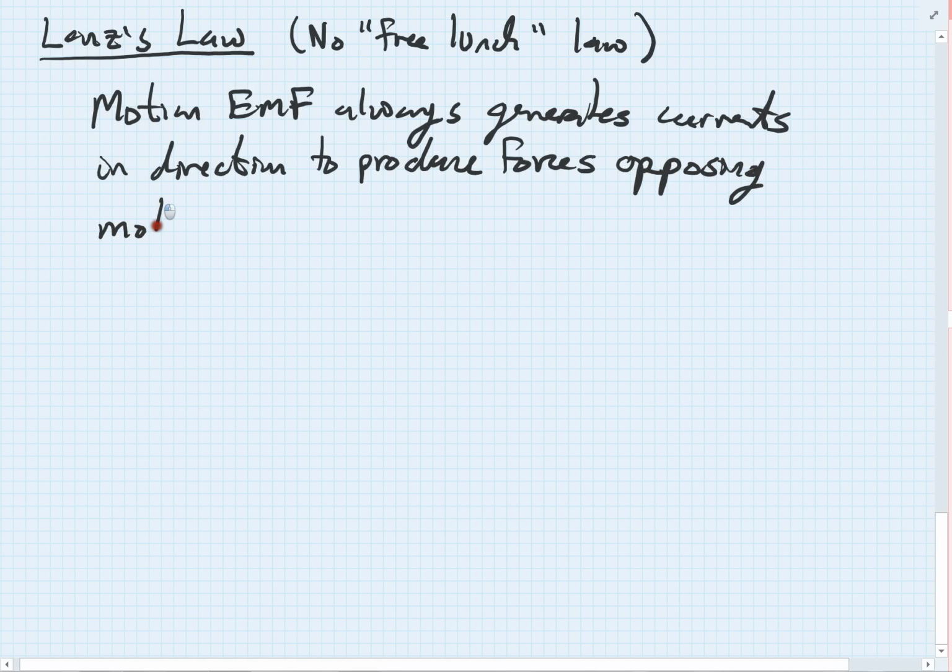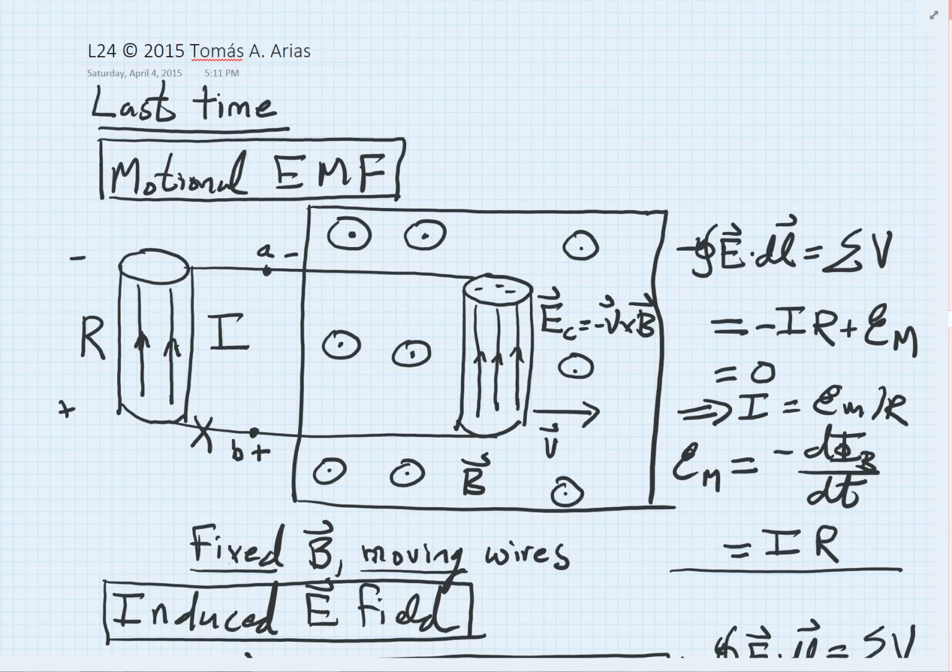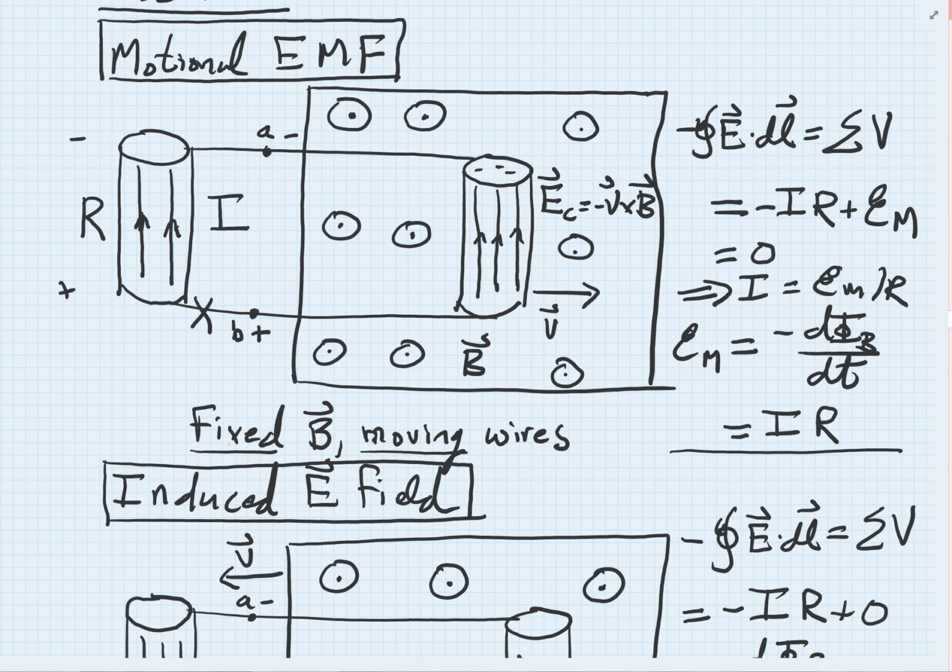And we can see, in fact, how this works out in our specific example. If we go all the way back to our motional EMF example, you will notice that we had worked through this example very carefully and decided that as this circuit is being moved off to the right with velocity v, the current moves upwards through this resistor.